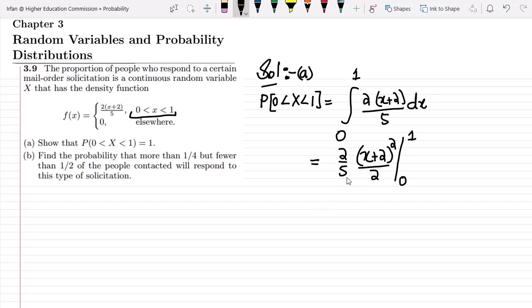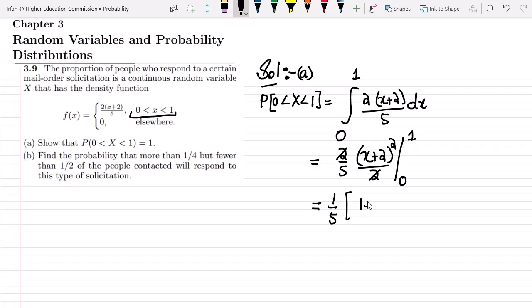Now the 2 cancels out, so it is 1/5, and writing the limits, starting with the highest: (1 + 2) squared minus (0 + 2) squared.